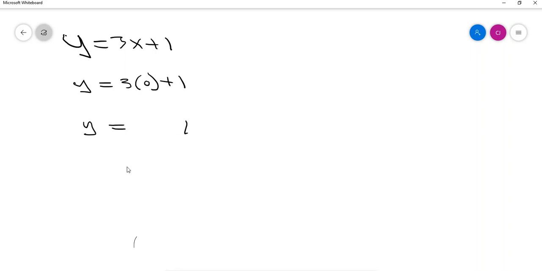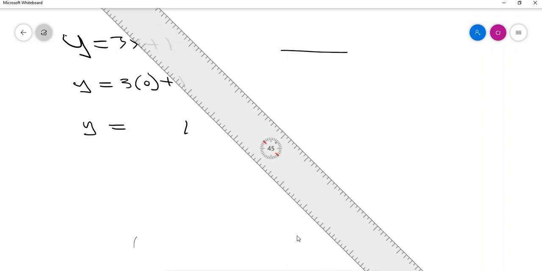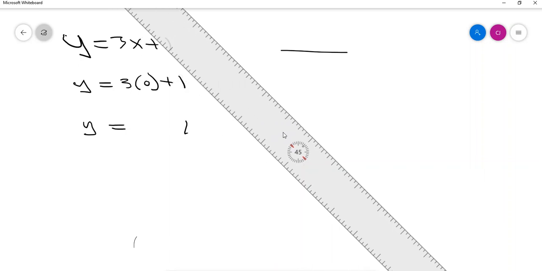So over here, I'm going to make a table, and I can bring my ruler up here to make this line a little bit better.